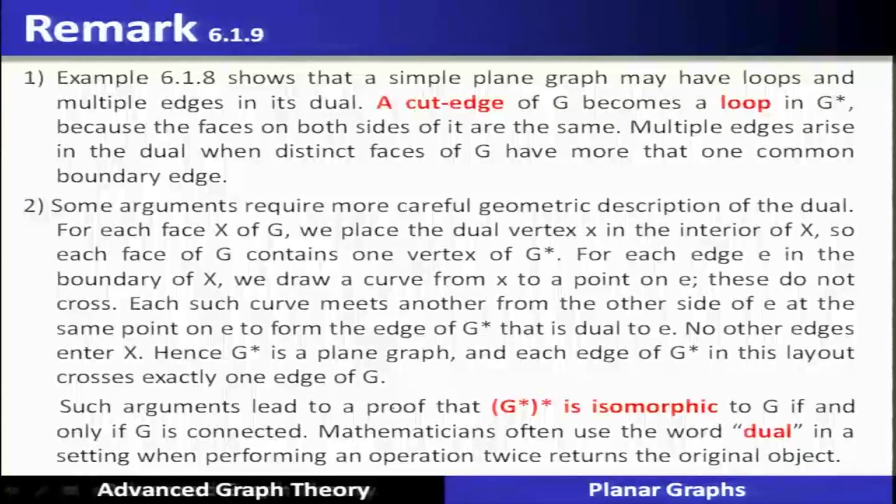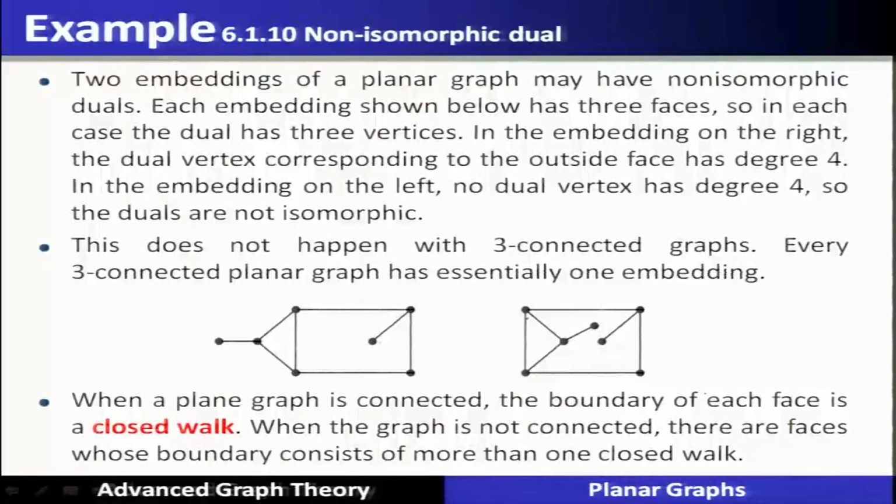So, with this argument we can show that if we take the dual of the dual of a graph, that will be the original graph G. Hence, the dual of a dual of a particular graph is isomorphic to the graph G. Now, we can see that for two given isomorphic graphs, if we take their duals, not necessarily will they be isomorphic.